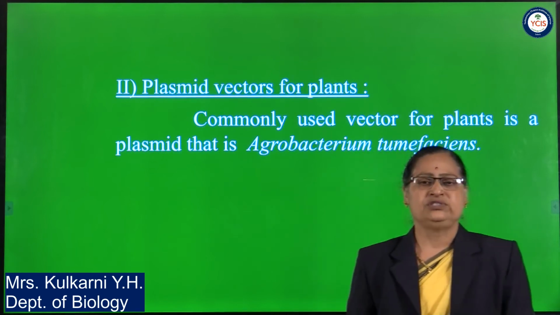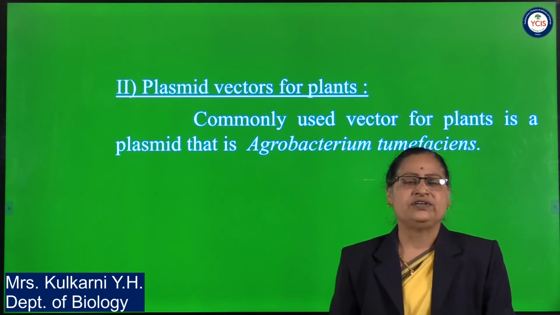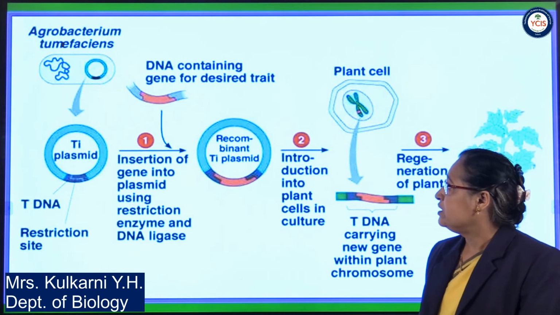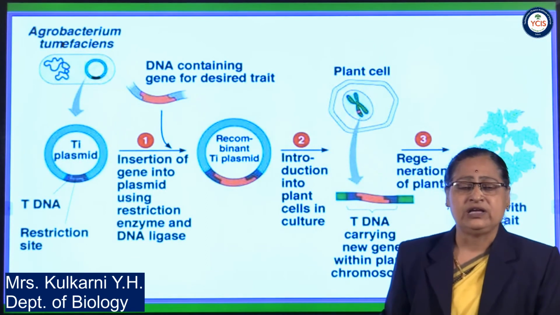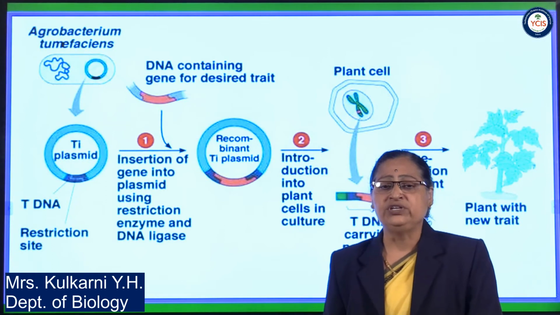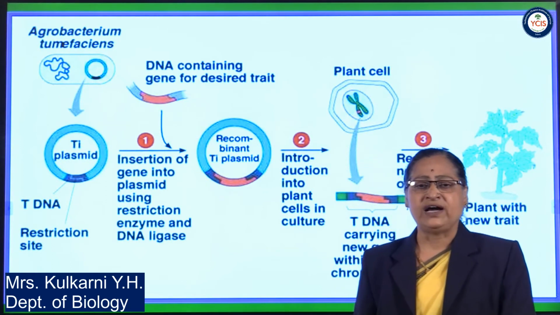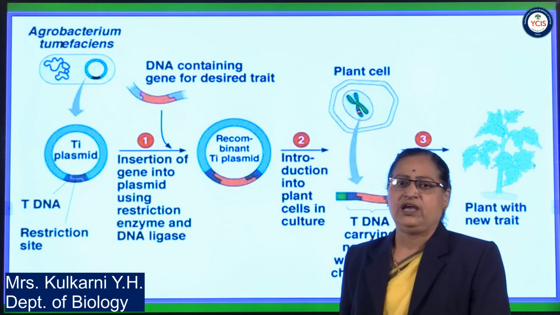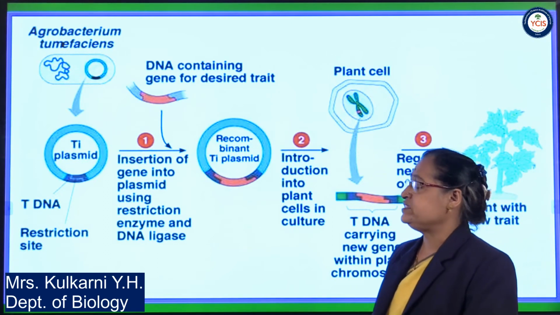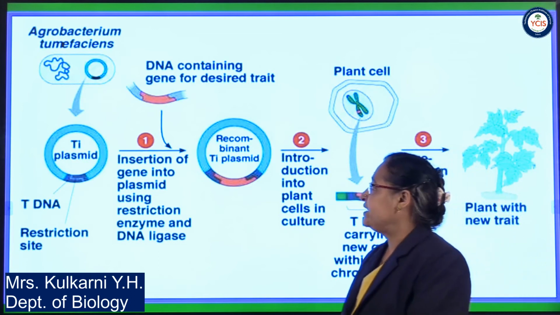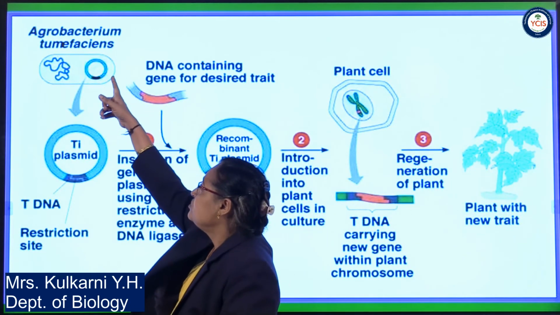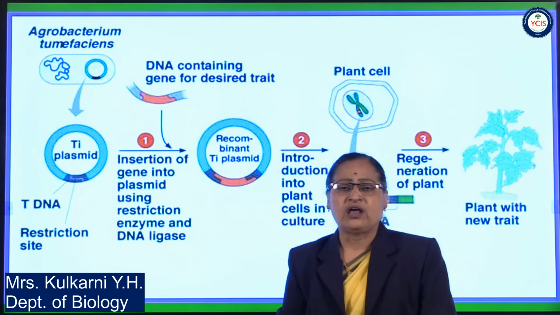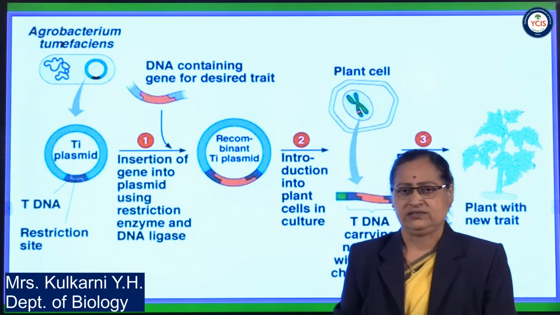So the commonly used vector for plants is Agrobacterium tumefaciens, the vector which along with new DNA carries a plasmid of Agrobacterium tumefaciens. It is a soil bacterium. It causes crown gall disease to plants.